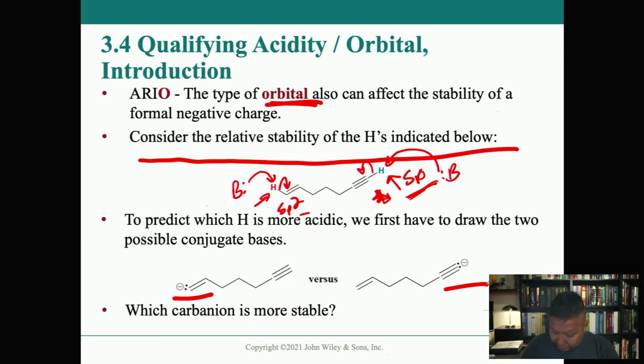Well, the one that's sp hybridized is the one that's going to be more stable. This carbanion is going to be more stable because those electrons are being held closer to the nucleus, which means then this proton is way more acidic.